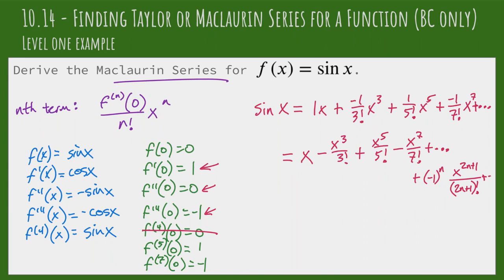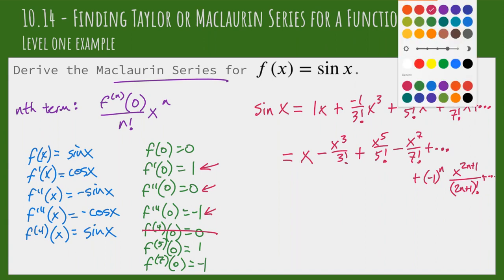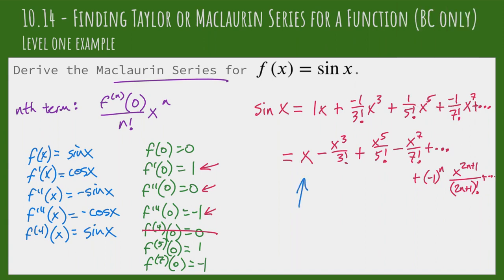Now, just to check to see if I did this appropriately, I'm going to just try plugging something in. So to get the first term here, that's going to be an x to the first power. So it's actually going to be when n is 0. And if n is 0, we get -1 to the 0 power, which is positive, x to the first power over 1 factorial. So that gives us the first one.